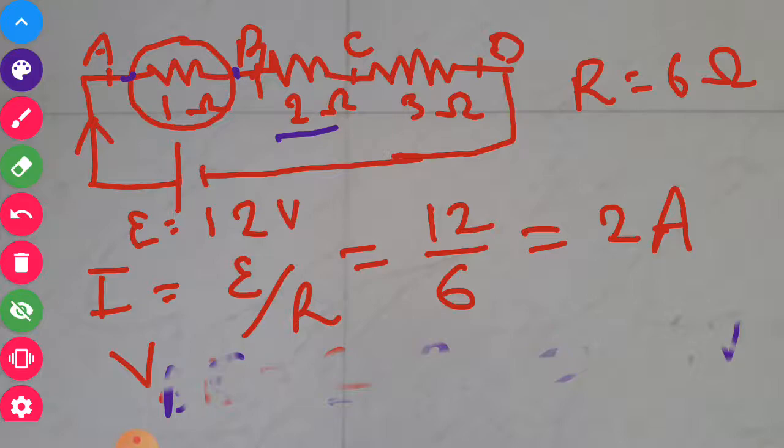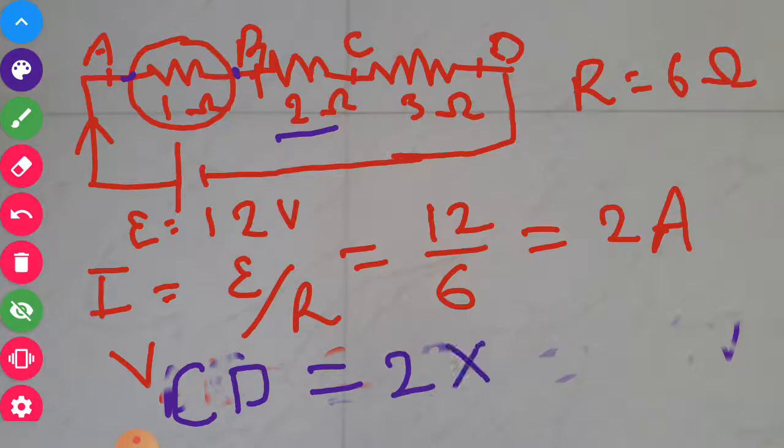VCD, then current is 2 ampere only, 2 multiplied by resistance between C and D. What is the resistance? 3 ohm. So 2 3s are 6 volt. So 6 volt will be the potential difference between C and D. Okay, so easy calculation.